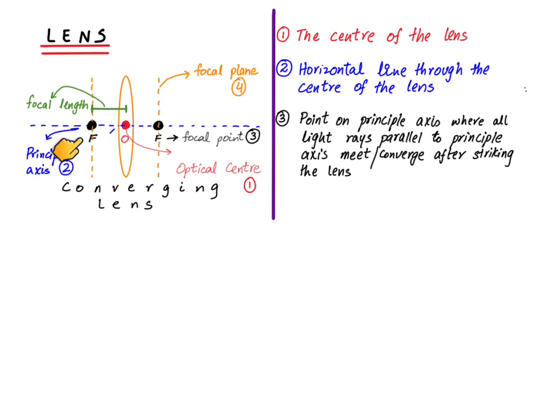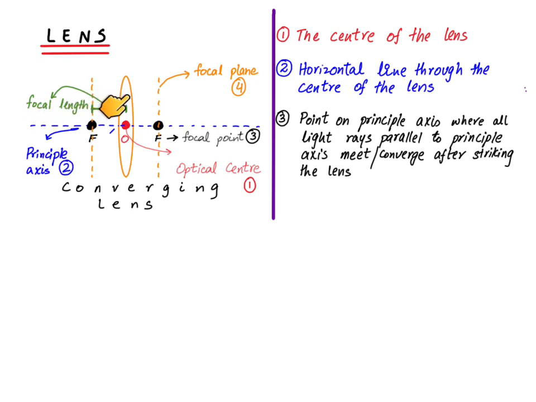A point on the principal axis where all light rays that are coming parallel to the principal axis meet, or converge, after striking the lens. What do I mean by this? Let's say you have a ray coming parallel to the principal axis, just below it.